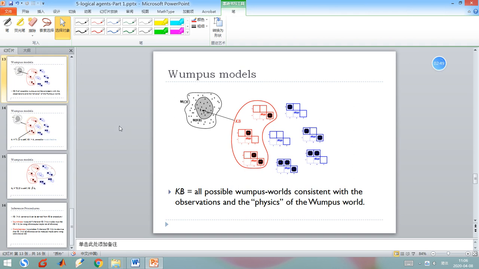We have mentioned that the knowledge base can be a set of sentences.